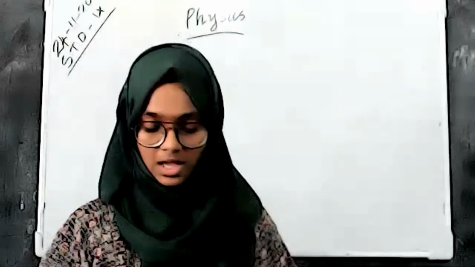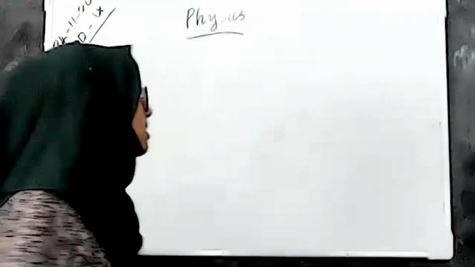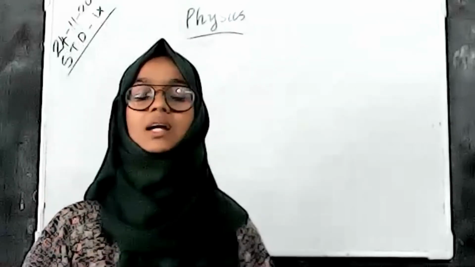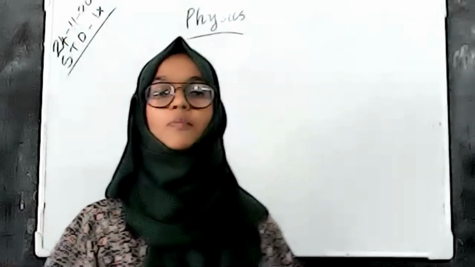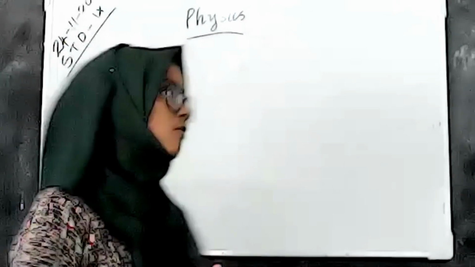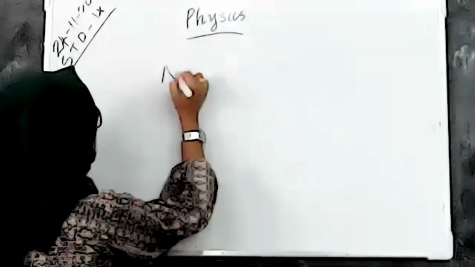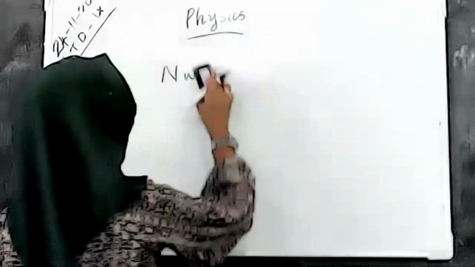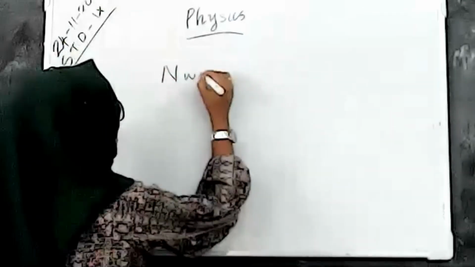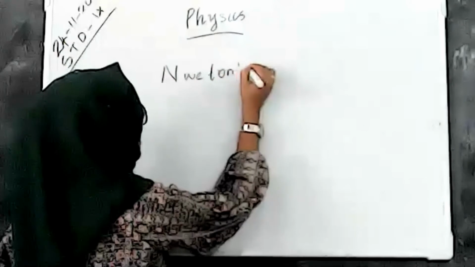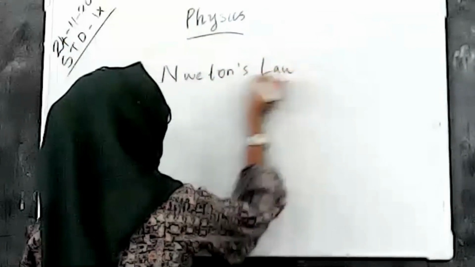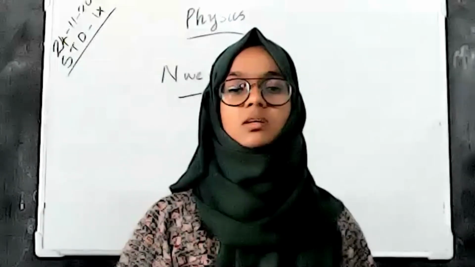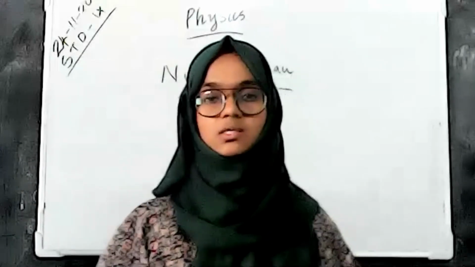Okay. And next, we have to discuss what the law of motion is. What is the first law of motion? Newton's first law is based on this: a body is in a state of rest.